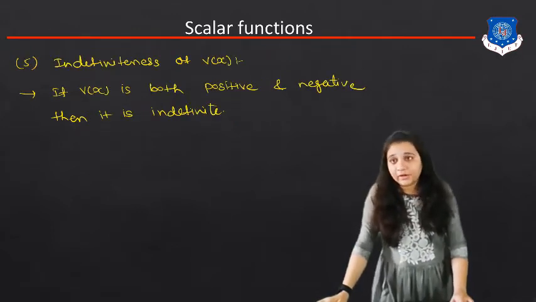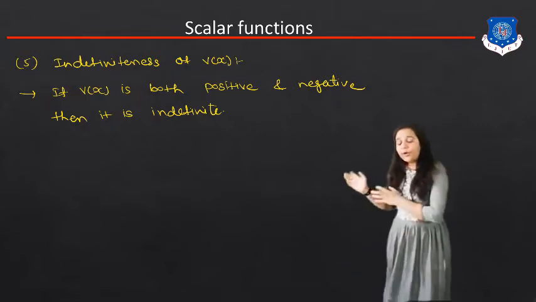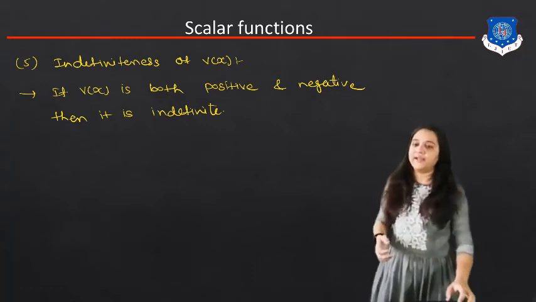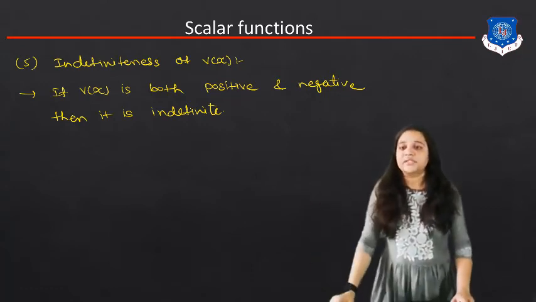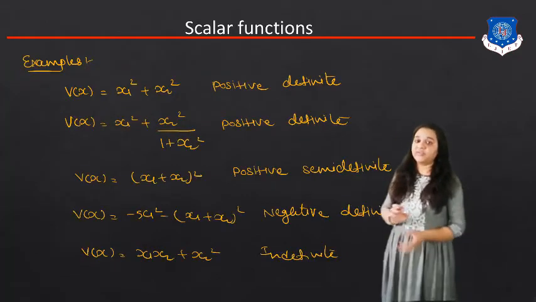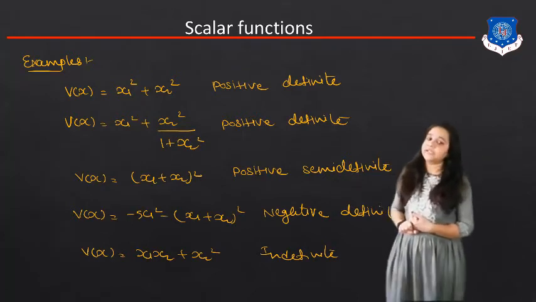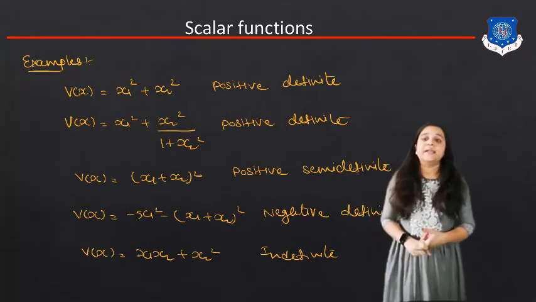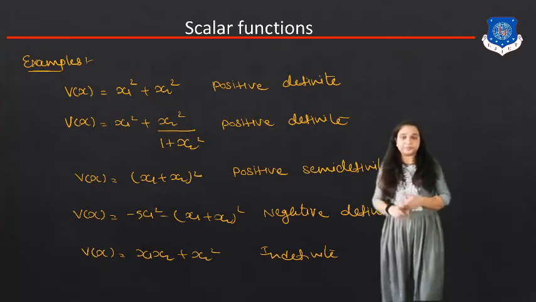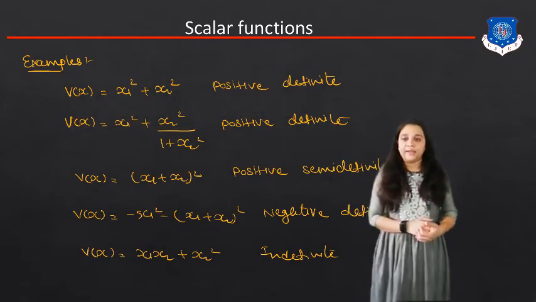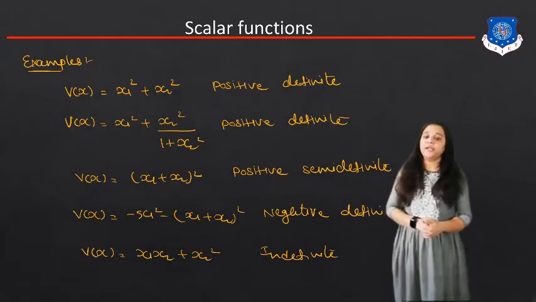And indefinite V(x): if V(x) takes both positive and negative values, that type of function becomes an indefinite function. So we have to use five types of scalar function: positive definite, negative definite, positive semi-definite, negative semi-definite, and if V(x) has both positive and negative values, it is known as indefinite.